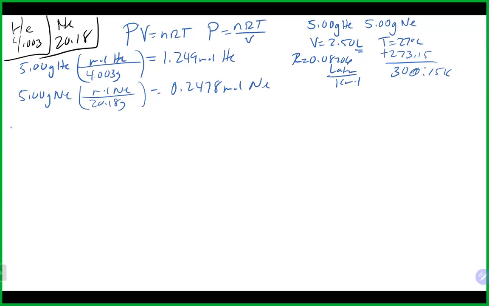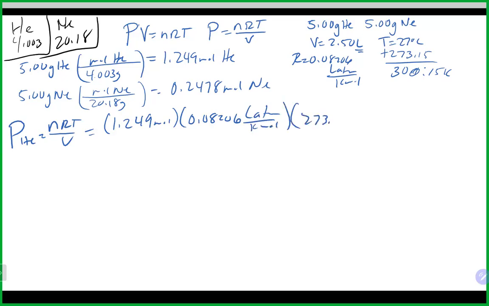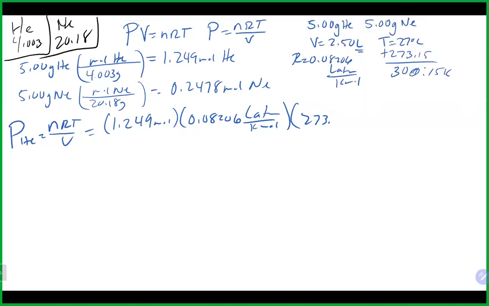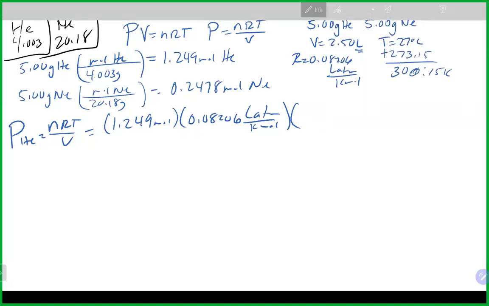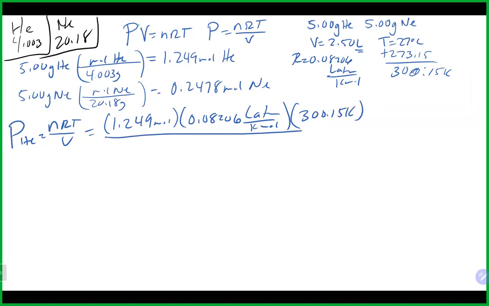So we'll solve for helium first, which is nRT divided by V. Putting in our moles of helium, 1.249 moles, our gas constant, and our temperature, 300.15 Kelvin, all divided by 2.5 liters.